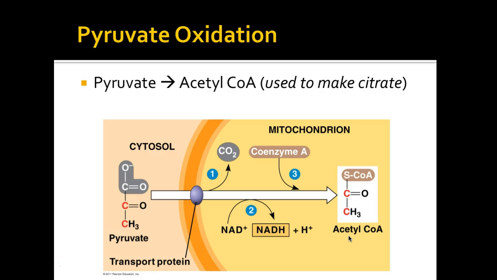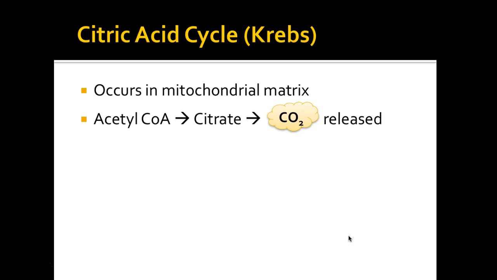So pyruvate to acetyl CoA is going to be used to make citrate. Remember, citrate is the first stable product of the Krebs cycle, and that's why we give it its name, the citric acid cycle. Carbon dioxide gas and NADH are produced. In the citric acid cycle, this occurs in the mitochondrial matrix.